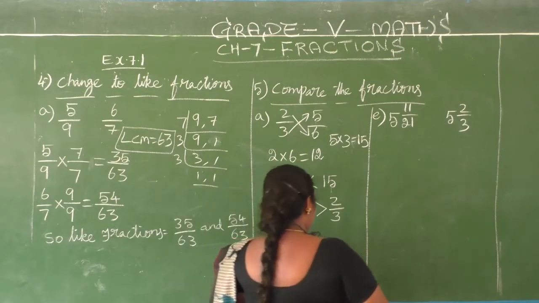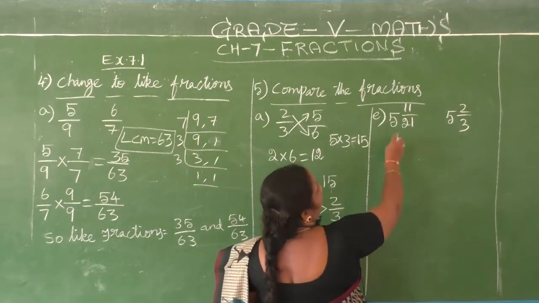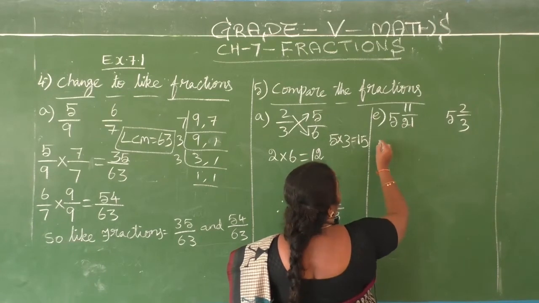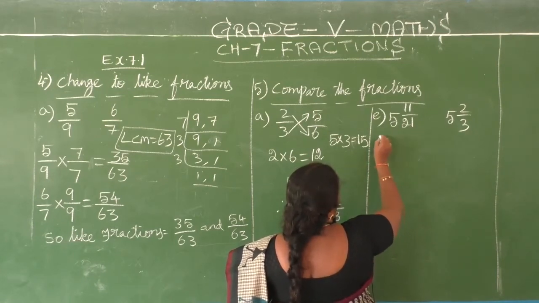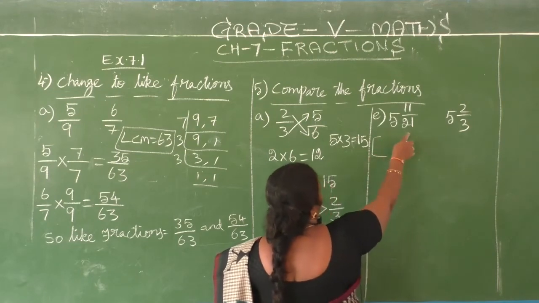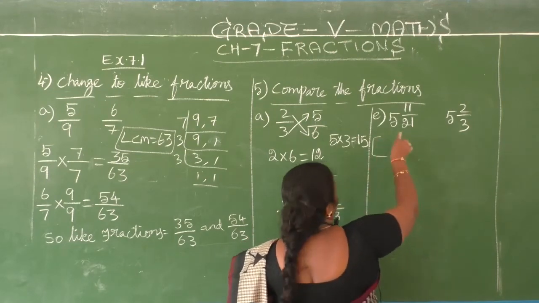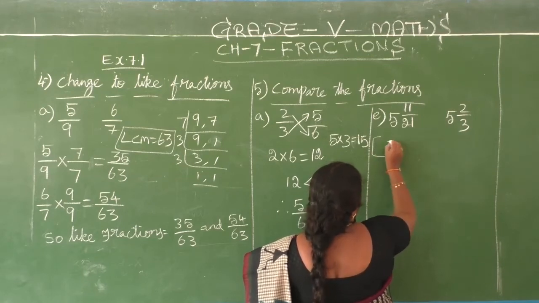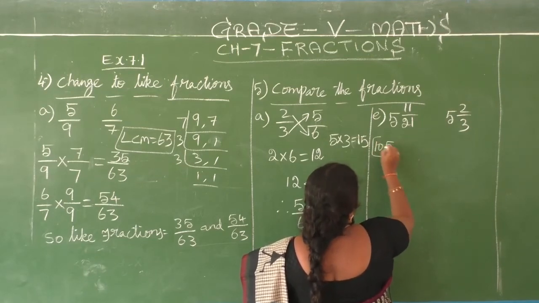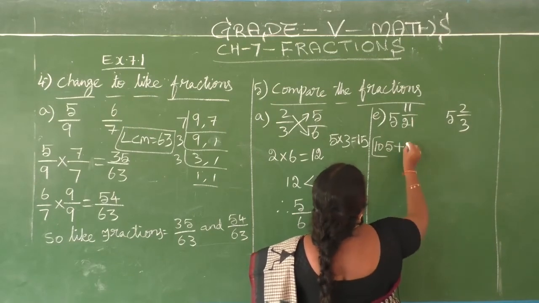How can we change mixed into improper? We have to multiply the whole number with the denominator. So what will come for this one? 5 21s are, 5 ones are 5, 2 5s are 10. Plus you have to add the numerator.